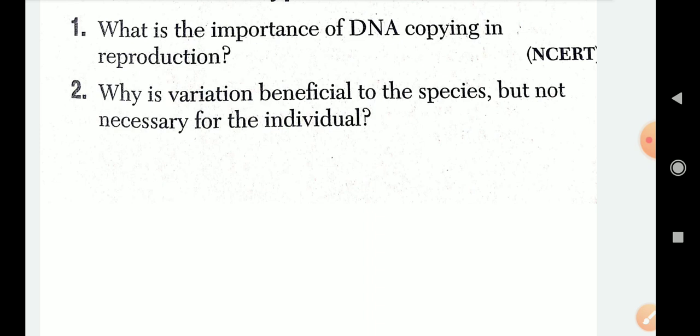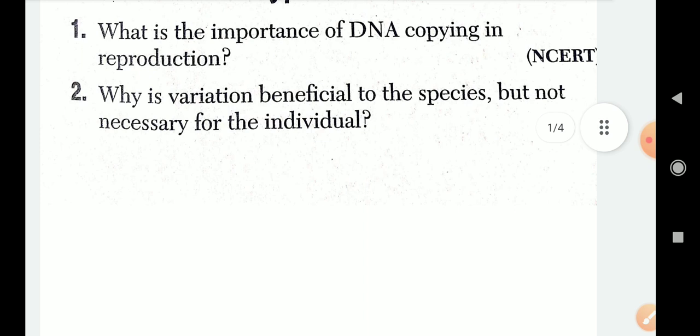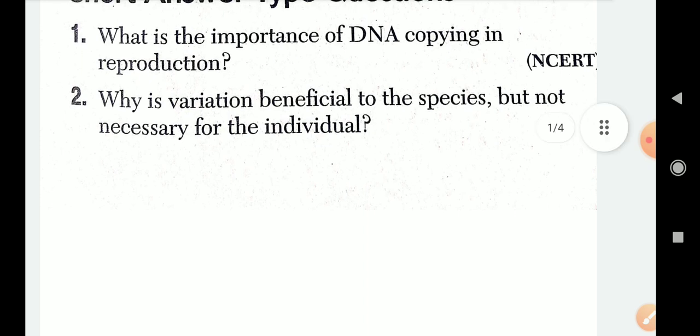So variation gives a chance of survival, and obviously they will continue their species. So variation is not necessary for the individual, and for the individual it may be harmful or useful, but sometimes it is beneficial for the whole species because they have a chance to survive and continue the species.